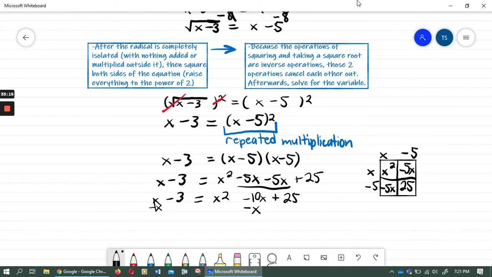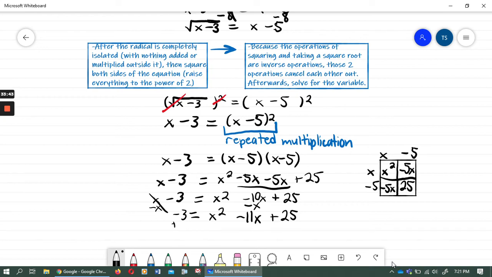So if I subtract x on both sides of the equation, it cancels out on the left side. You've got minus 3 or negative 3 equals x squared. Negative 10x minus x. That's negative 10x plus negative 1x. That's negative 11x. Bring down the plus 25.